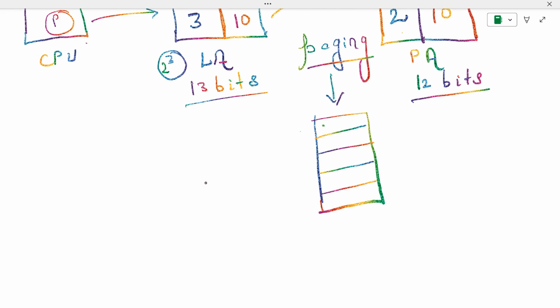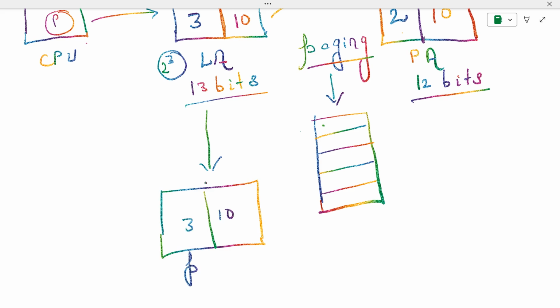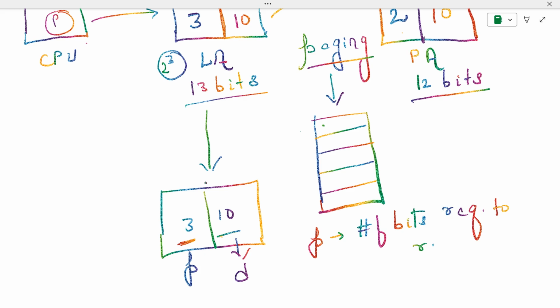This logical address is divided into two parts. The first part, as I have already said, is the page number. 3 bits are allocated for the page number and 10 bits are allocated for the page size, that is D, which is the page offset. So P denotes the number of bits required to represent the pages of the LAS, that is, the total number of pages of the LAS.